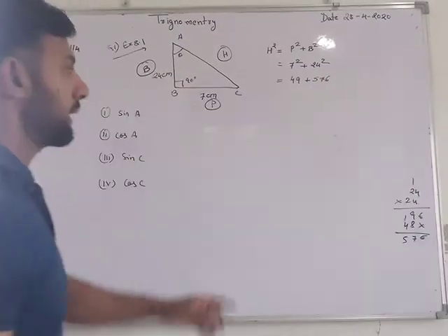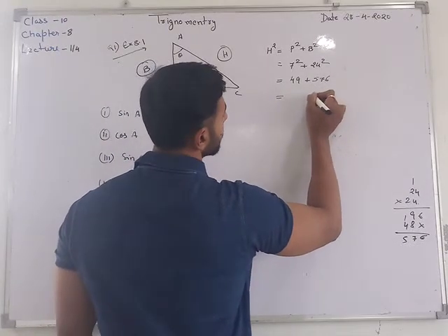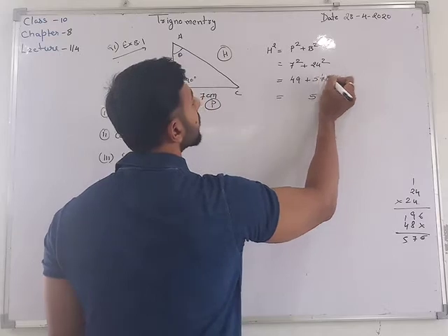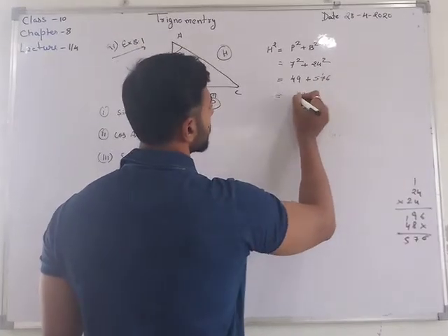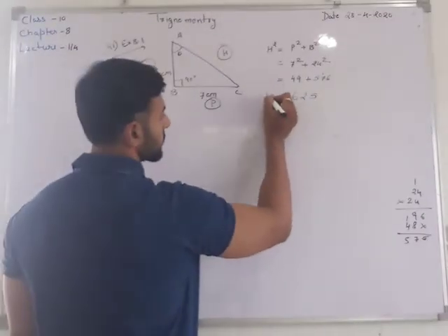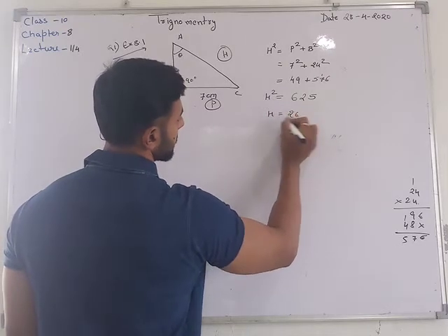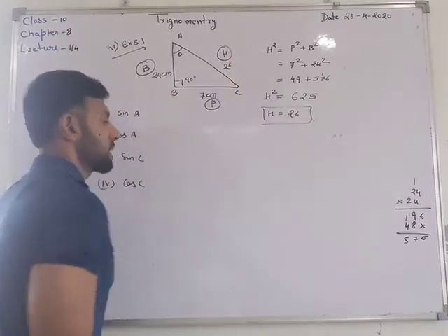Adding these two, we will be getting 625. H square is equal to 625. So H is equal to 25. So hypotenuse is 25.